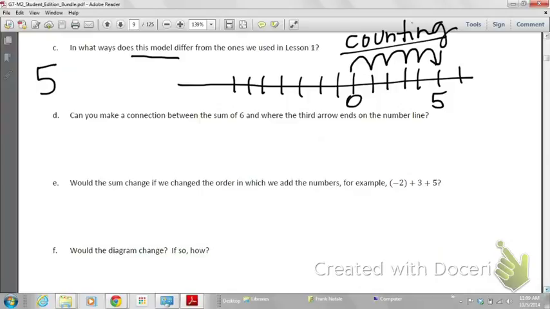How about D? Can you make a connection between the sum of 6 and where the third arrow ends on the number line? This is pretty clear.